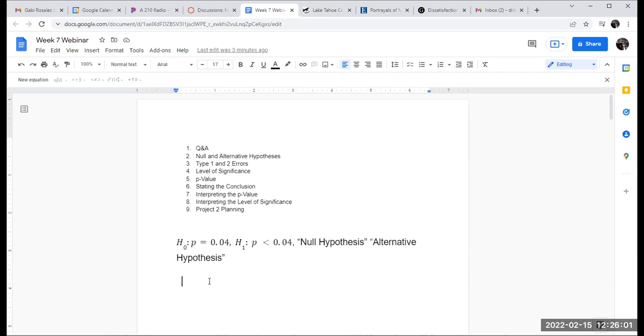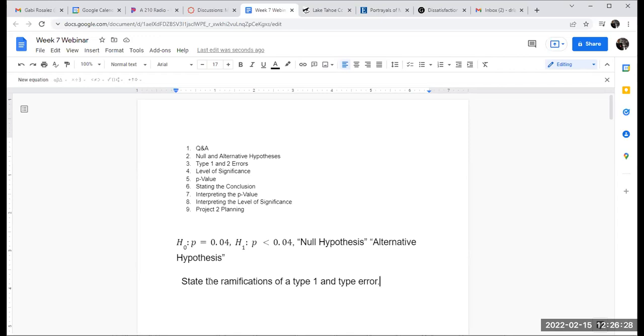Okay, the next step is state the ramifications of a type 1 and type 2 error. So let me ask you, do you guys know what the word ramification means? So I've learned that some people don't. That's an English word, not a math word.